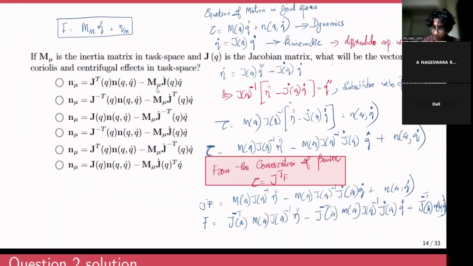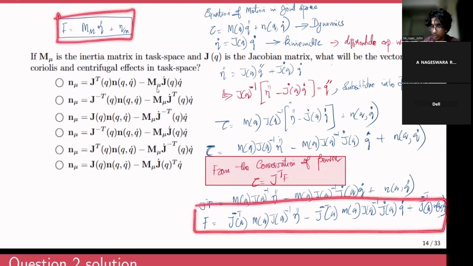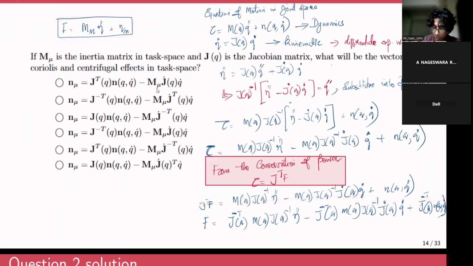And if you compare this with the general form of the task space equation, the mass matrix is the coefficient of eta double dot. So I'll write this coefficient as the mass matrix M of mu.